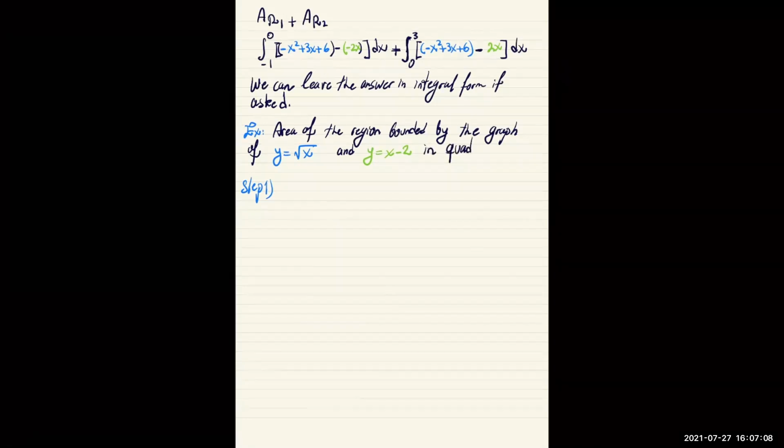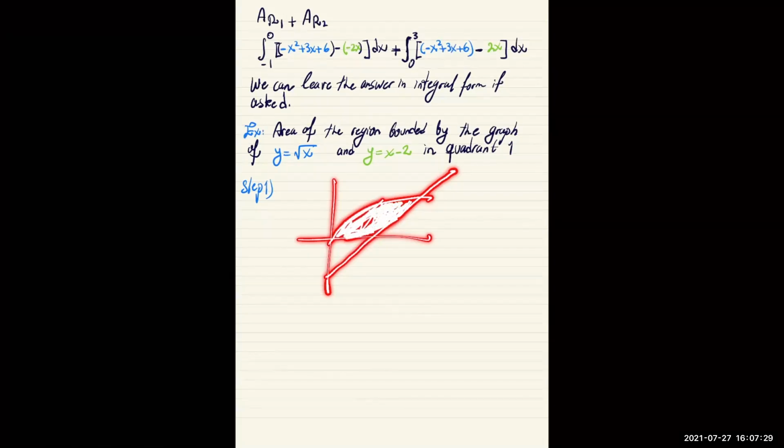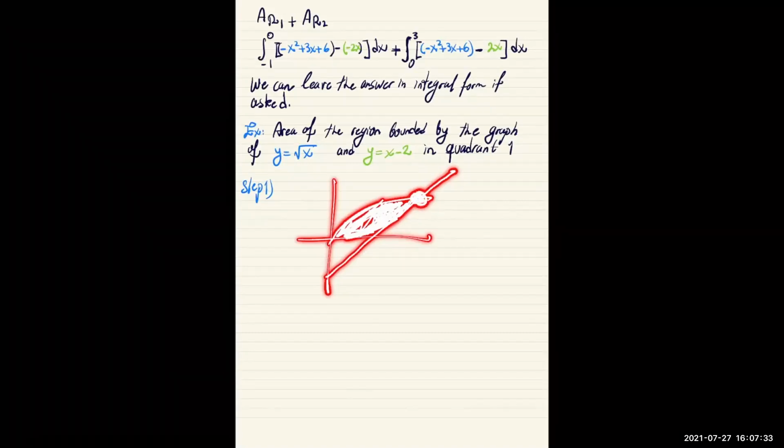Okay, so one more time. That's the square root. This is a graph of x minus 2 in quadrant 1. This is what we are interested in. So the point of intersection of the two graphs is going to be somewhere right there.